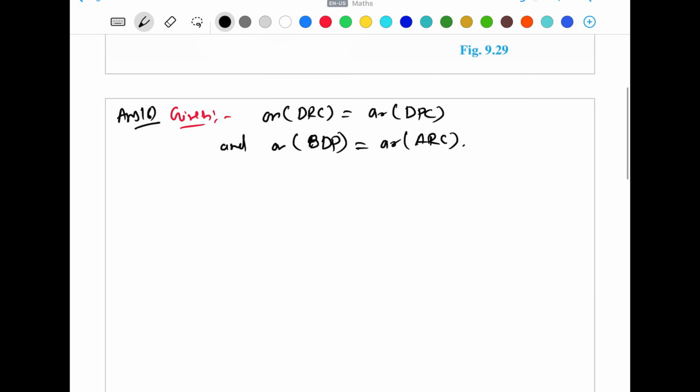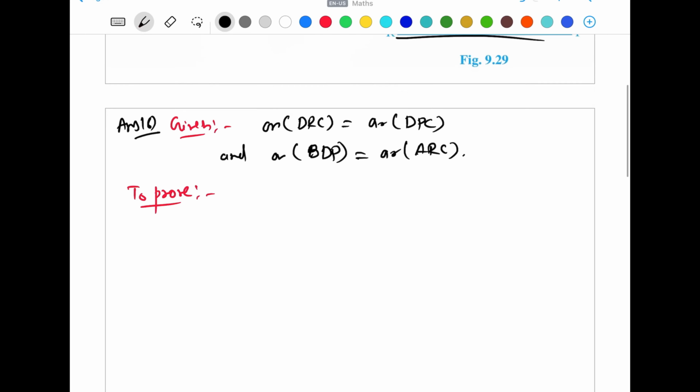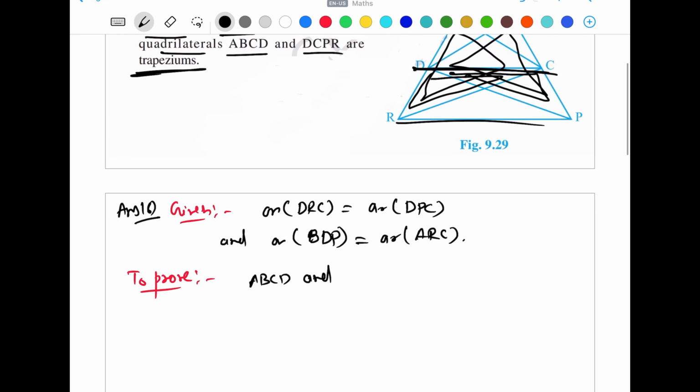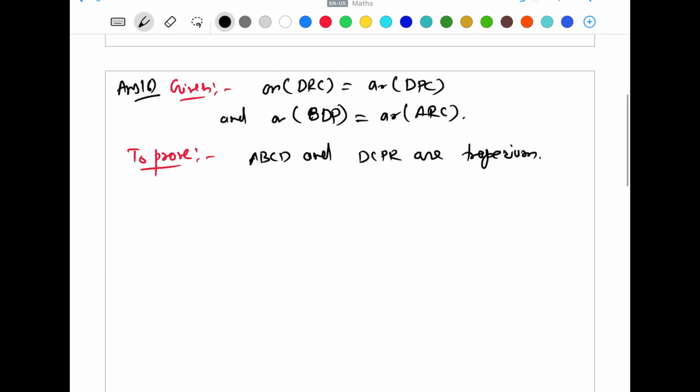Okay, what we have to prove here is that ABCD and DCPR are trapeziums. So let's start this proof now.